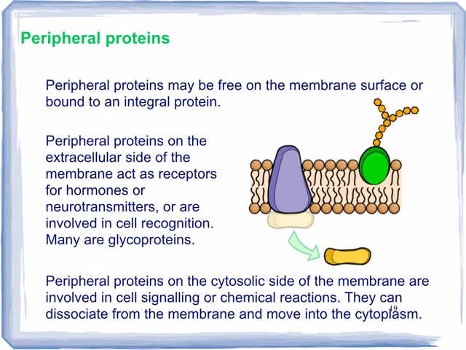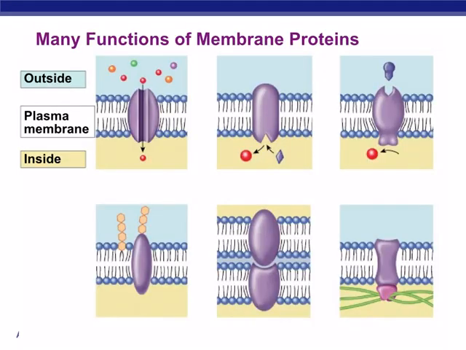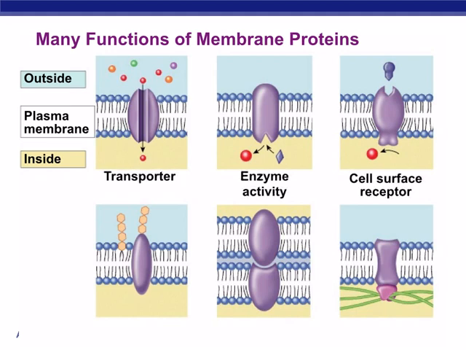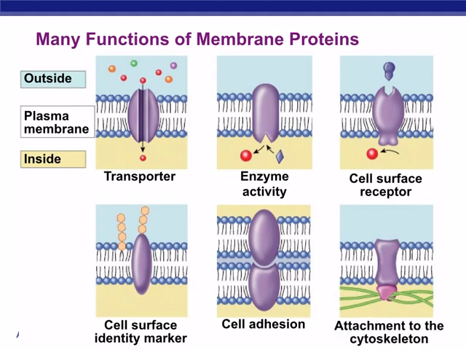They can dissociate from the membrane and move into the cytoplasm. So you've got lots of different functions of membrane proteins: transporter, enzyme activity, cell surface receptor, cell surface identity marker, cell adhesion, and attachment to the cytoskeleton.